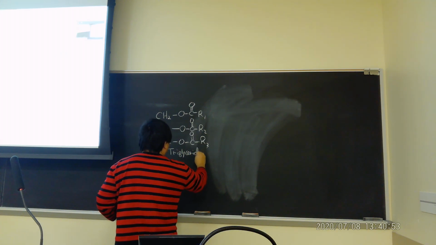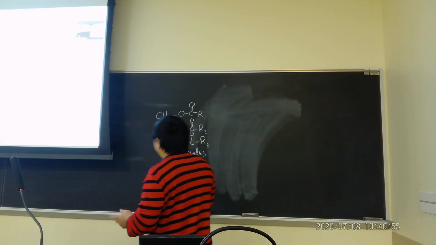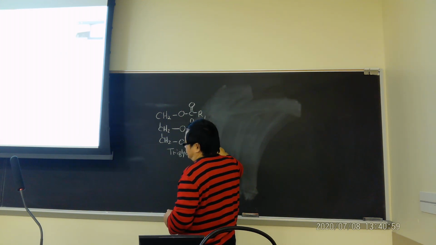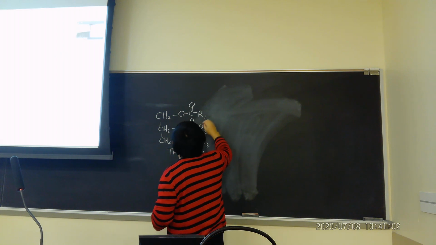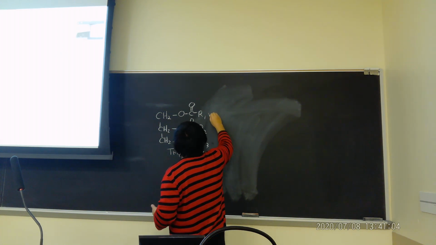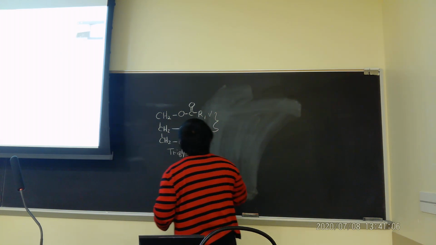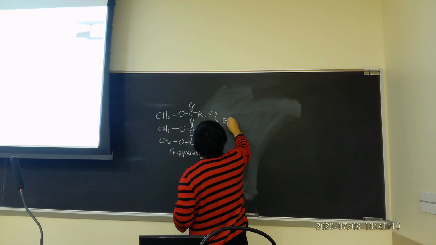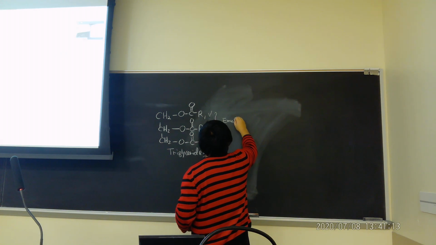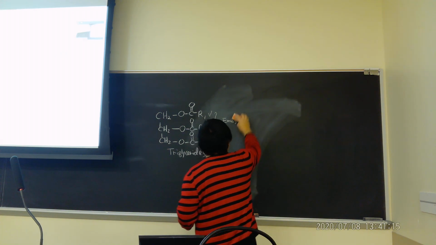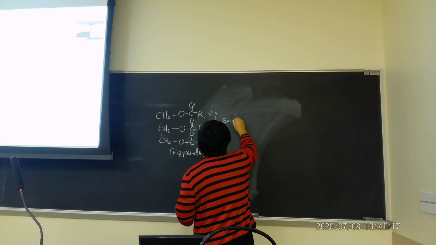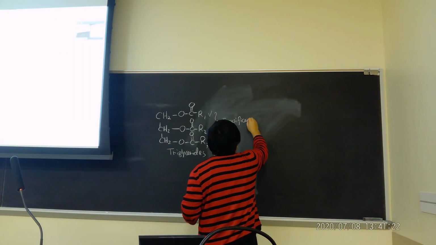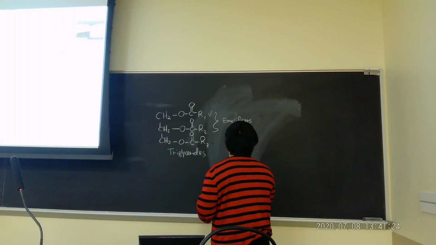Triglycerides. And it could be mono-, di-, and triglycerols. Now, most of the time, if it's mono- or diglycerols, we usually make it as an emulsifier.